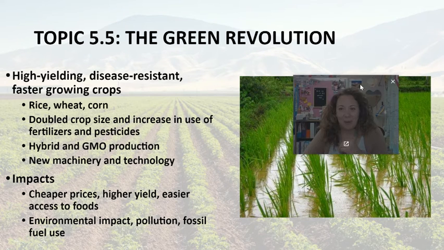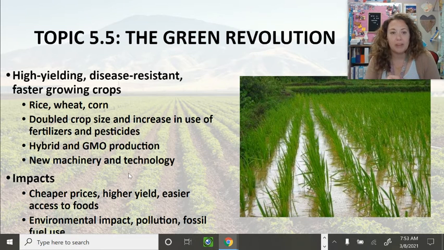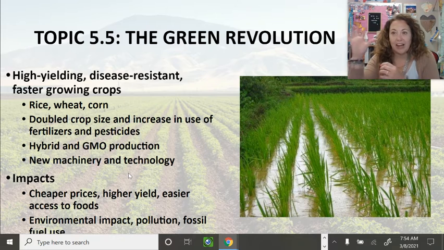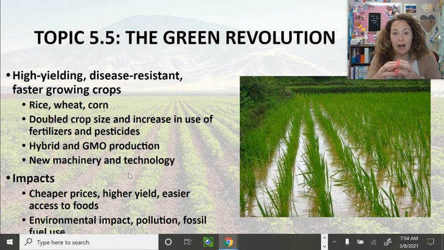All right, 5.5, the Green Revolution: high-yielding, disease-resistant, faster-growing crops. Enter GMOs. This is the part that everyone kind of freaks out about, but believe me, there's some good that has come out of this. Rice, wheat, corn. We've doubled the size of crops, new machinery and new technology, and therefore the direct result of that is we have higher supply, so therefore we can lower the price of those things.